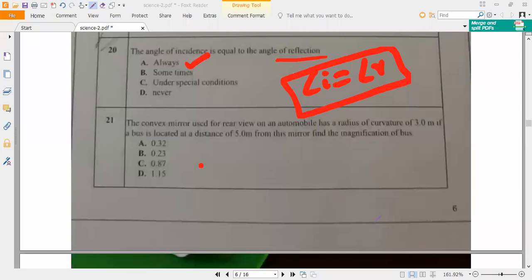Let me see how many of you will solve. Is it completed? 0.23. Is it coming?